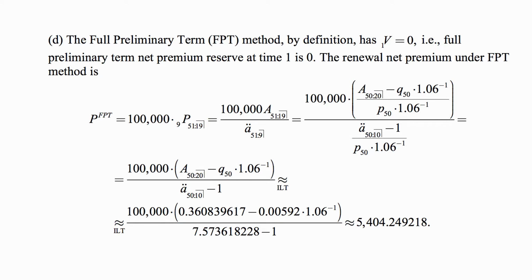And the same way, we can view ä51:9 as ä50:10 minus 1, then actuarially accumulated to age 51. Now, of course, the denominators in the two fractions cancel, and we get what you see here. And all of these quantities we calculated before, or we get them from the table. Q50 is in the table as 0.00592. So we plug in all those values and we do the calculation, and we get approximately 5,404.249218.